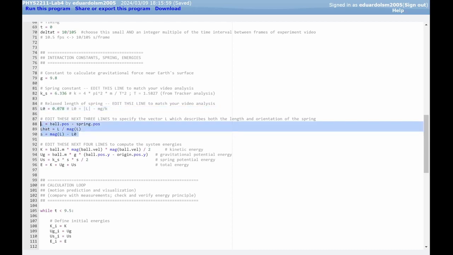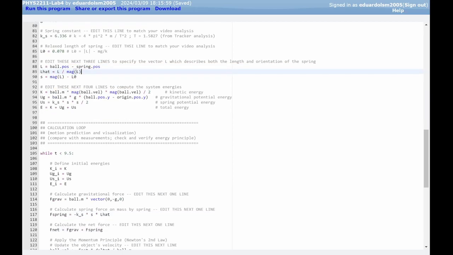And here I just set up the necessary information to use the spring extension vector. Here is the most important part where I calculate the kinetic energy, K equals mv squared over 2, the potential energy due to gravity, which is just mgh, and I'm using the origin as the reference for the gravitational potential energy.